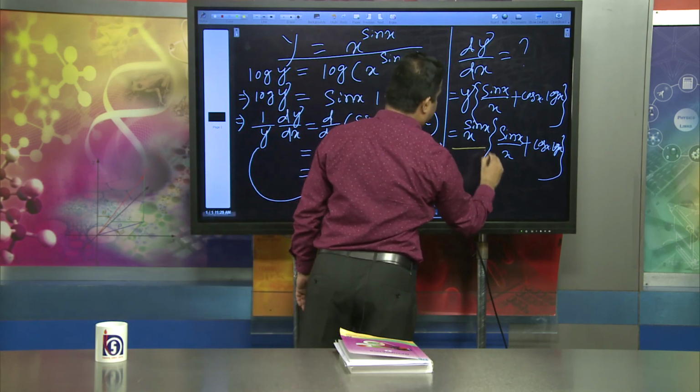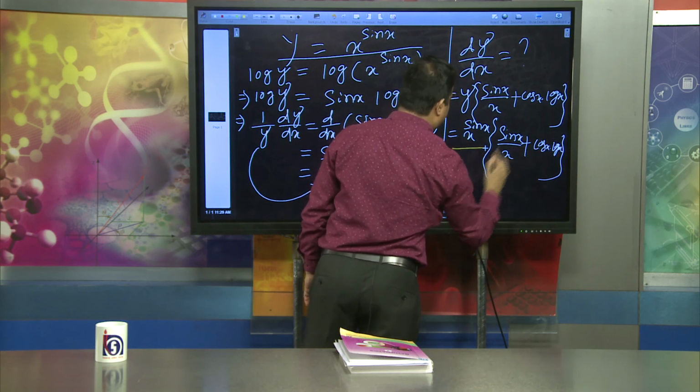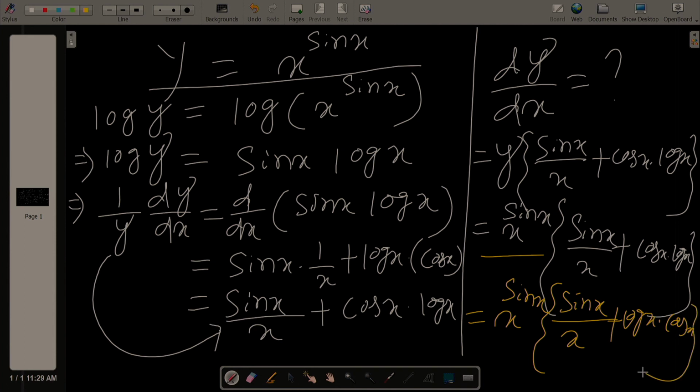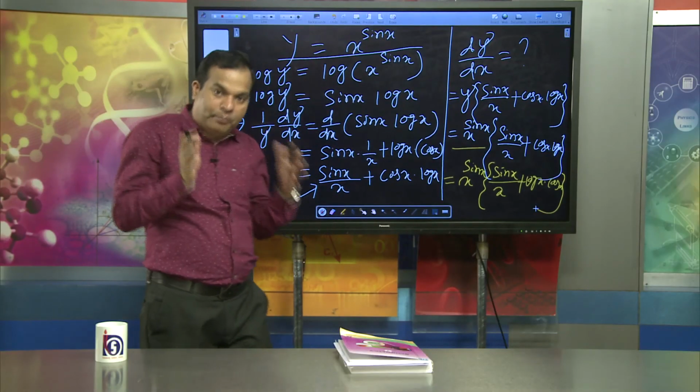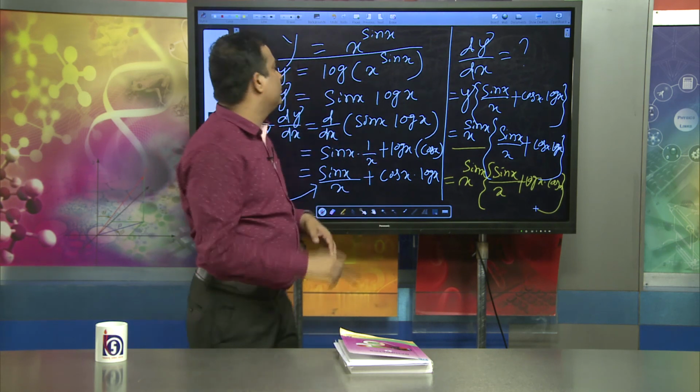Again I can write x raised to the power sin x multiplied with sin x by x plus log x into cos x. We can find this very easily if we apply the technique of the derivative of logarithmic functions.